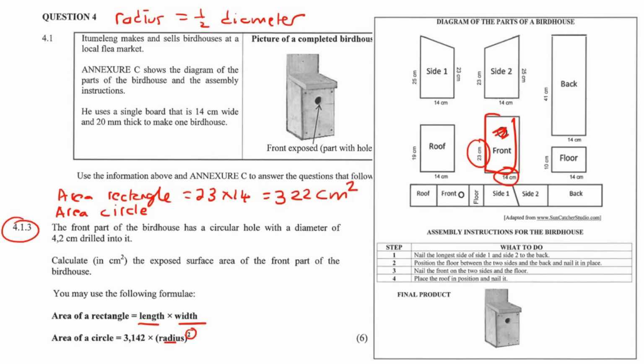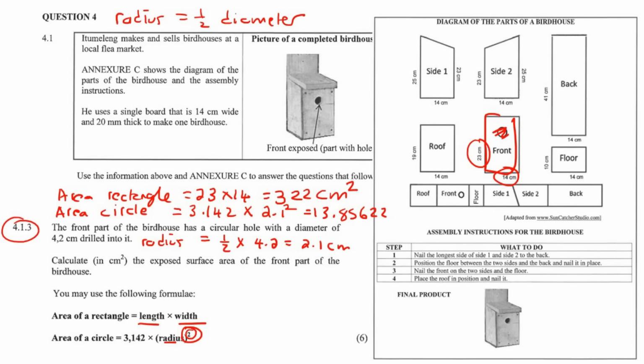So the radius is going to be half of 4.2, which is 2.1 centimeters. So the area of that circle would then be 3.142 multiplied by 2.1 to the power of 2. And if you work that out, I'm not going to round off right now, you're going to get 13.85622.